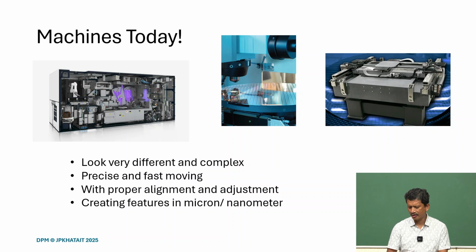They are very precise and fast moving, and they can do alignment and adjustment on the fly. And we have enabled creating features in the size of microns or even at the nanometer level. That's how we are able to get these modern products, modern systems with so many capabilities.